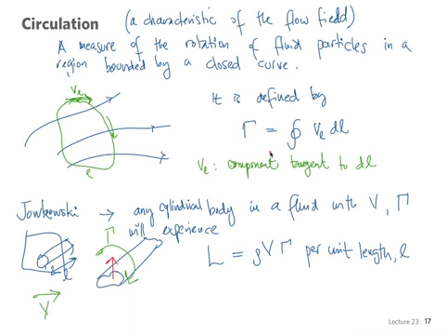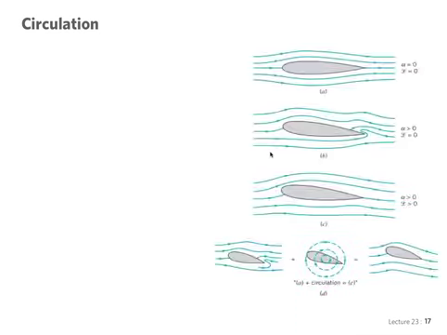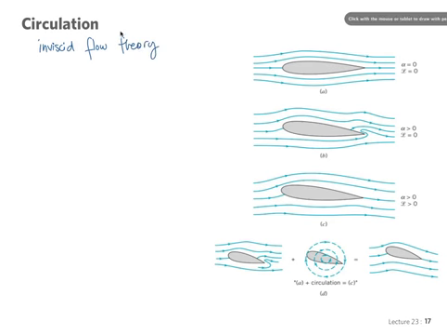So let's see what this implies for airfoils. So for an airfoil, inviscid flow, so what we want to do is to be able to use the inviscid flow theory to get some results for the case of an airfoil. In the case of inviscid flow theory in 2D as well, we're considering just a cross-section of an infinite wing.